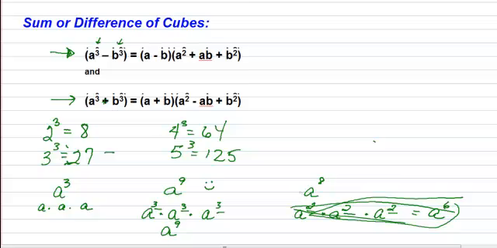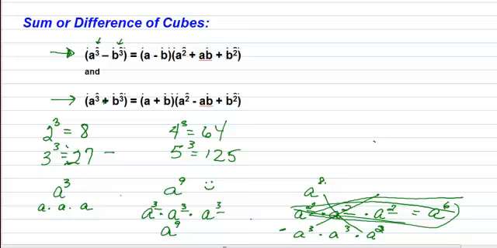If we tried anything else, it wouldn't be the same. So the exponent wouldn't be the same. So if we had a to the 3rd times a to the 3rd times a to the 3rd, well, we know what that gets us. That's a to the 9th. So we put a 2 in there. So now we've got 3 plus 3 plus 2 is 8, but they're not the same. So this is not a perfect cube.